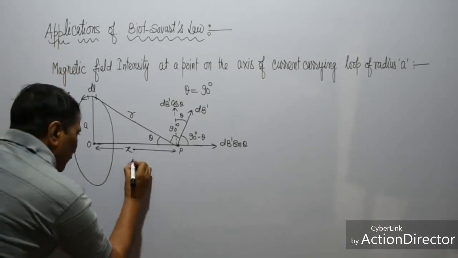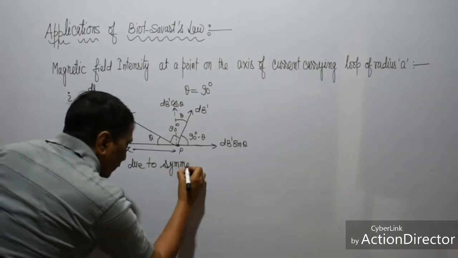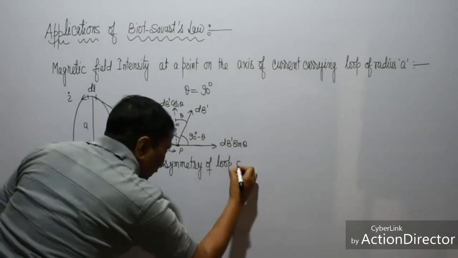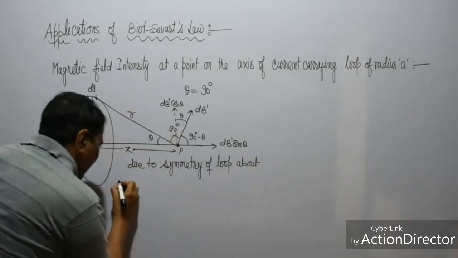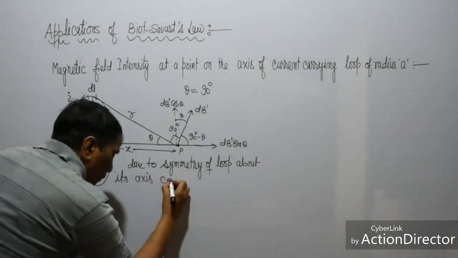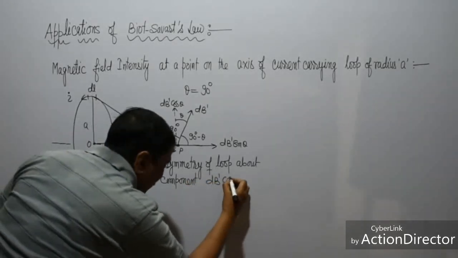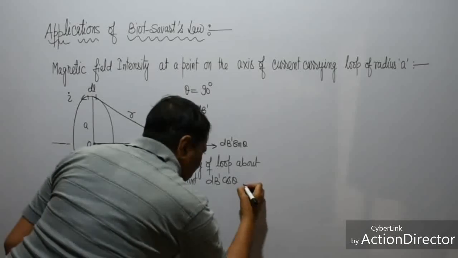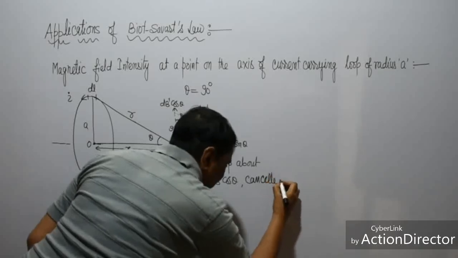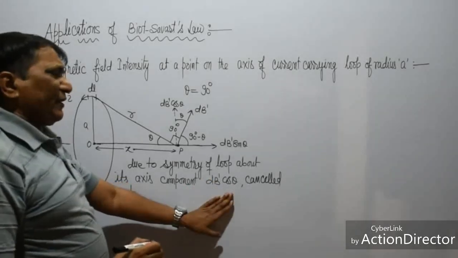So due to symmetry of the loop about its axis, the component dB dash cos theta cancelled out. So this component will get cancelled out.